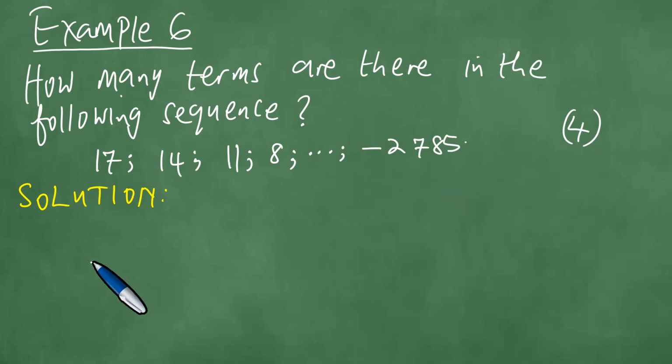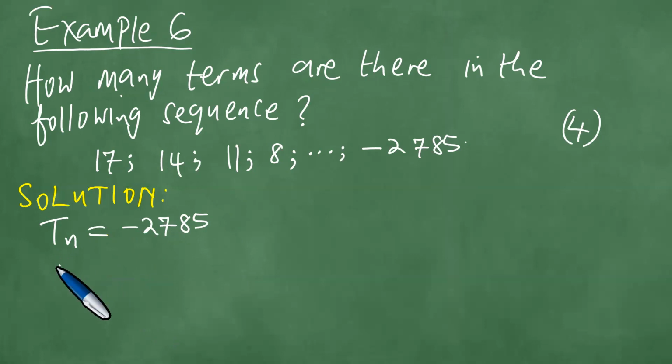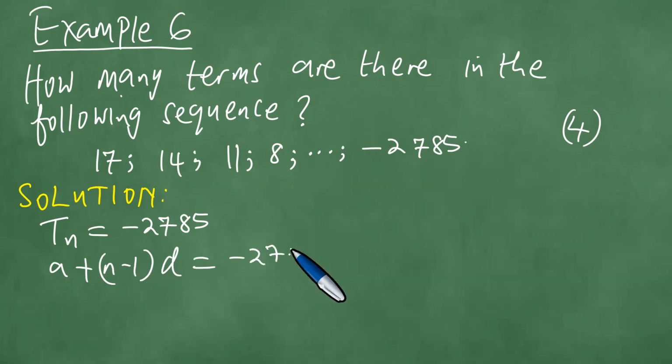So at this point, you need to know that the last term is minus 2785. And what is the formula for the last term? It is a plus n minus 1 into the common difference, and this is minus 2785.